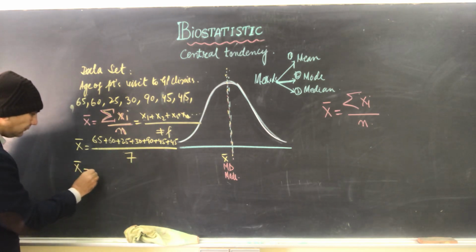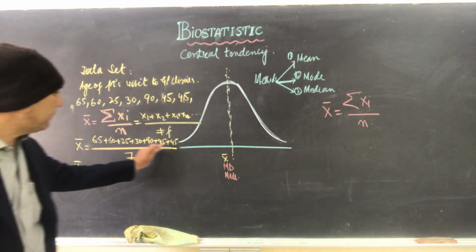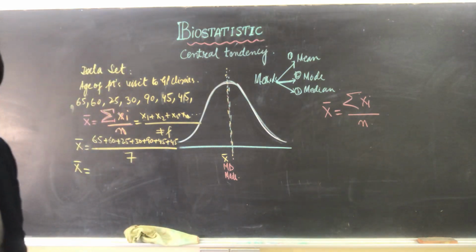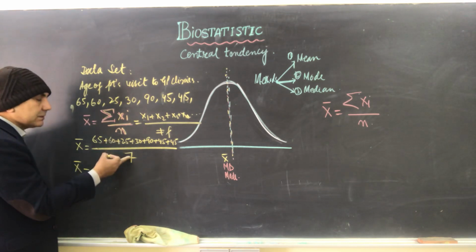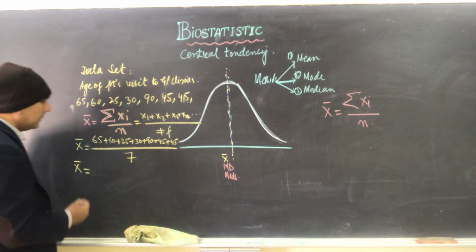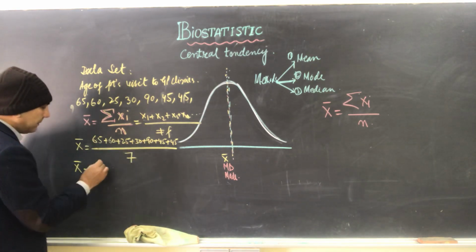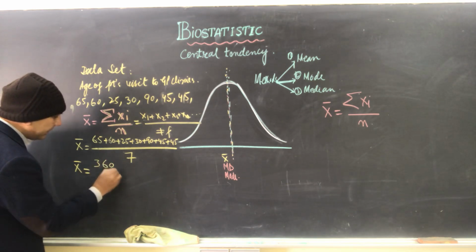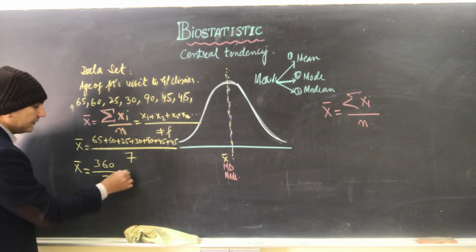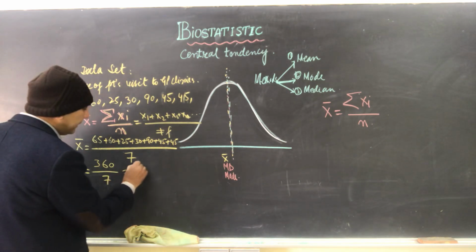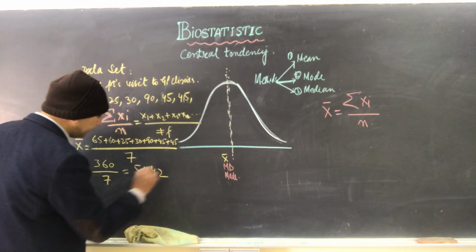Now we will sum up this data set. The upper one is called the numerator and this one is the denominator. After the sum, it becomes 360, and 360 is divided by 7. Then we come up with 51.42.